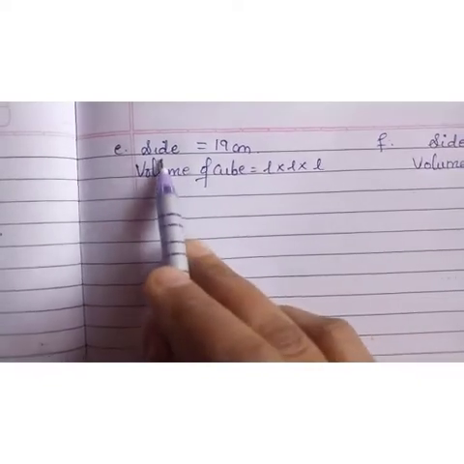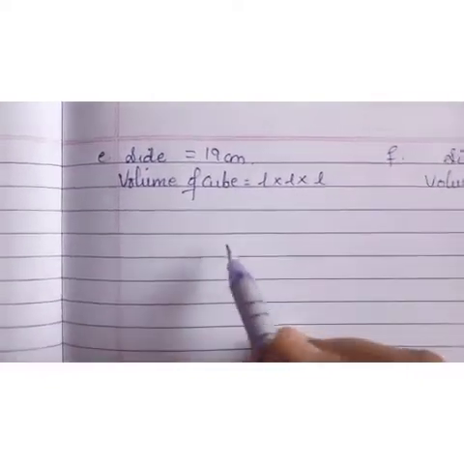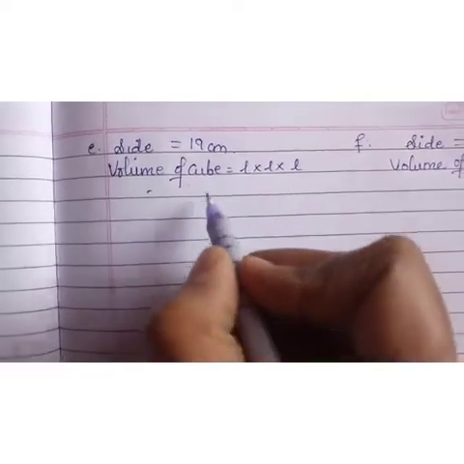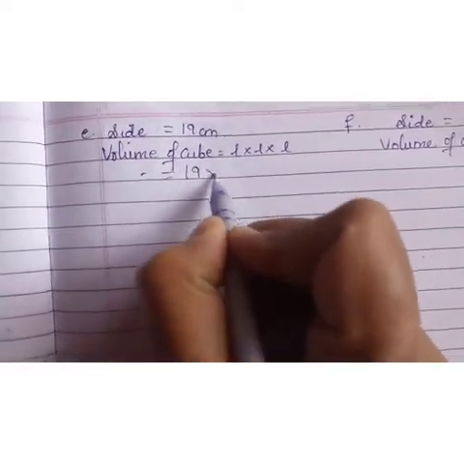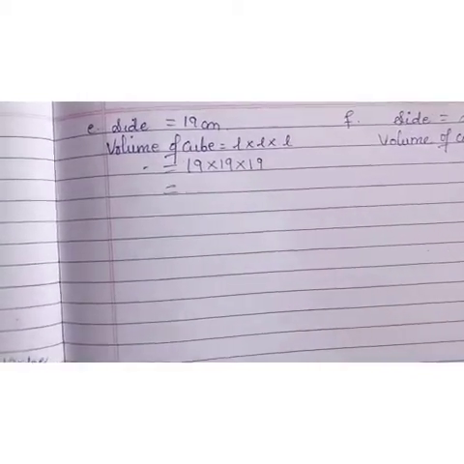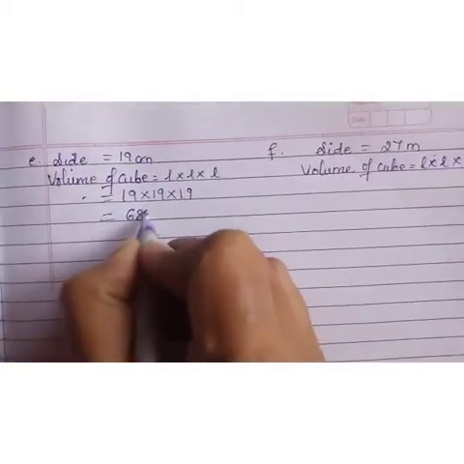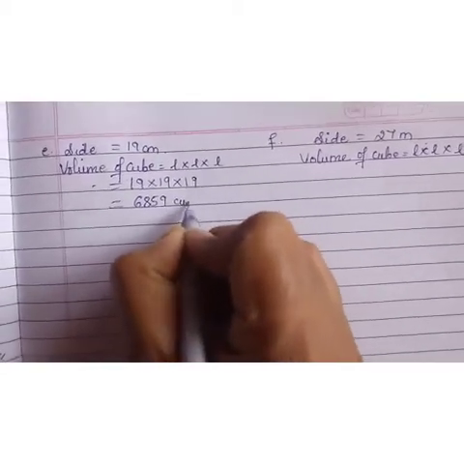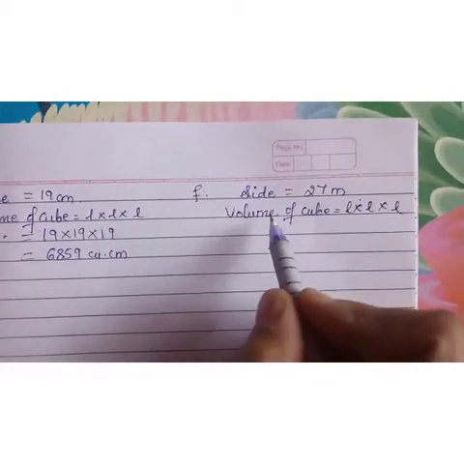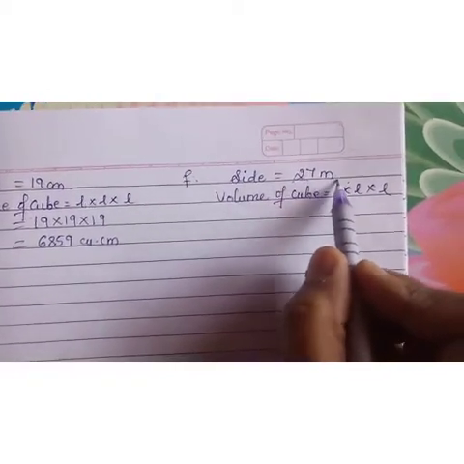Question number E. Side is equal to 19 centimeters. Again write the formula. Volume of a cube is equal to L into L into L, that is 19 into 19 into 19. Multiply it. You get the answer 6859. Unit is cubic centimeters. Similarly, we have another question. Side is equal to 27 meter.